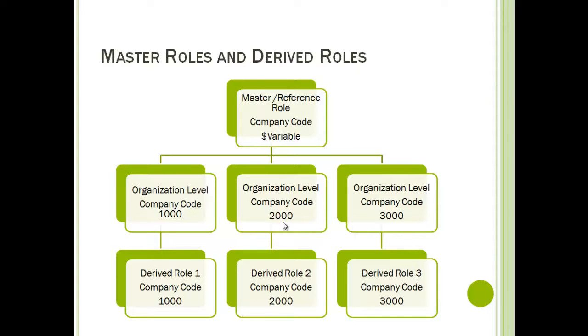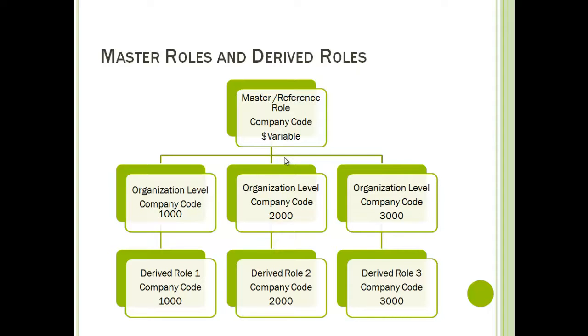The advantage is, as I said, that once you define the master role, you can roll out the same concept with the same authorization objects to different company codes or different organization levels.